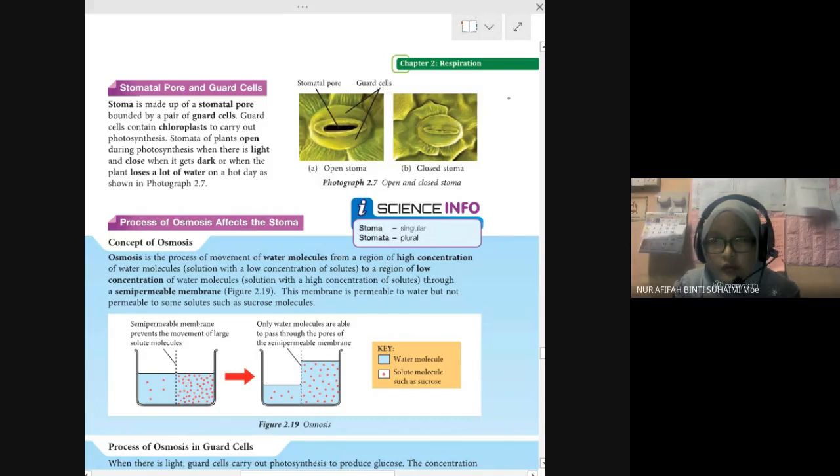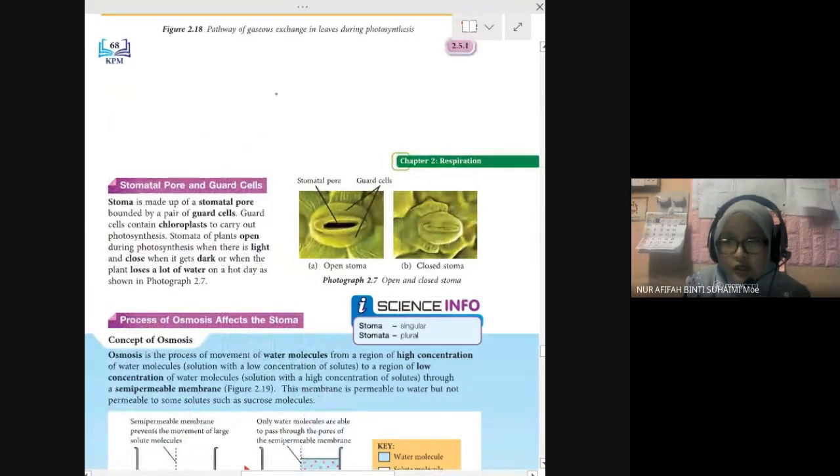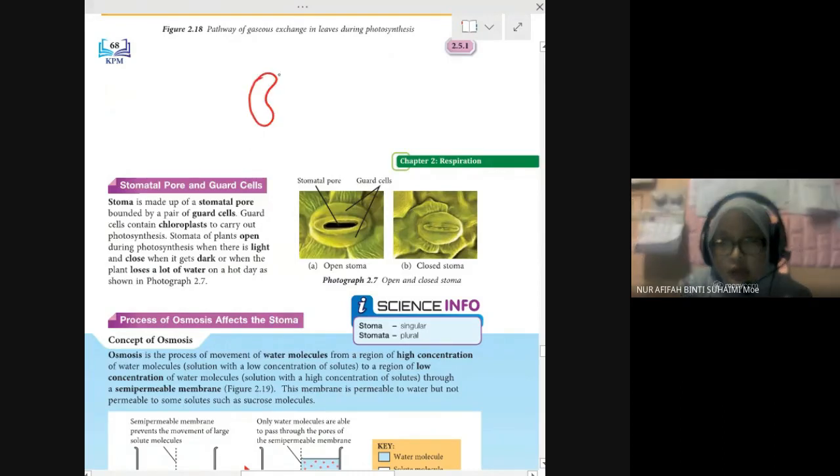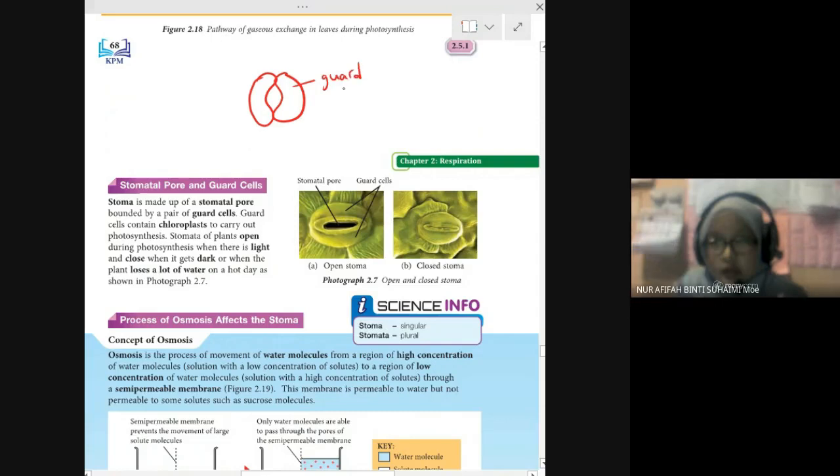Stoma consists of guard cells. For PT3, the question will ask you to draw the structure of the stoma. The shape looks like a bean shape. So these two bean shapes we call guard cells, and this pore we call the stoma.